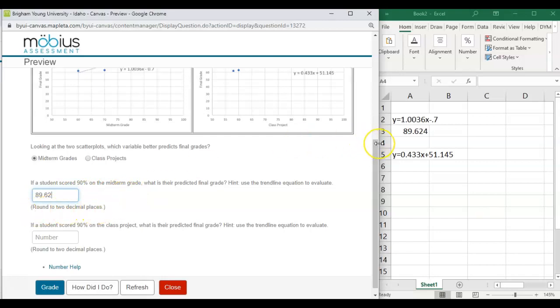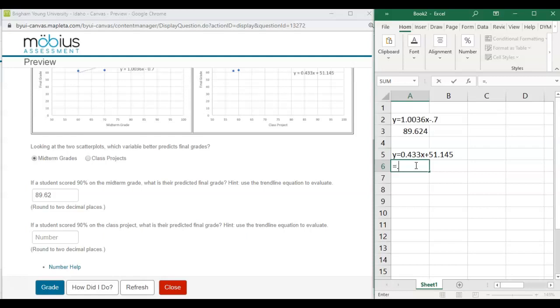The next question says, if a student scored 90% on the class project, what is their predicted final grade? So again, we're going to use this trend line and 90% on the class project. So that's our input here for the variable x. I'm going to do equals to get it to calculate like a calculator, 0.433. Then multiply this to 90 because that's what our input was given to us. And then add 51.145.